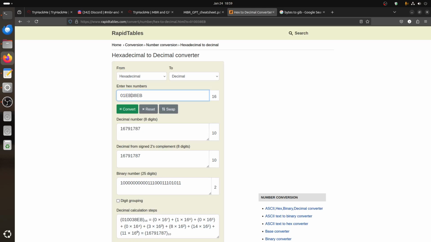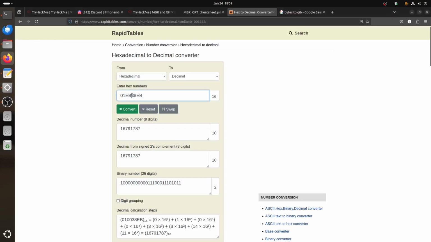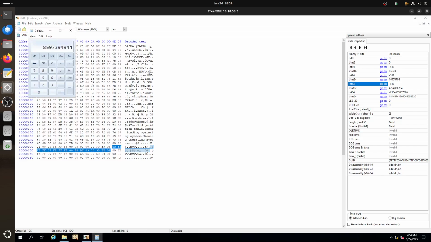So 01 EB, reverse it. So 01 EB 3800. So if I convert it now, and then paste it, multiply by 512.